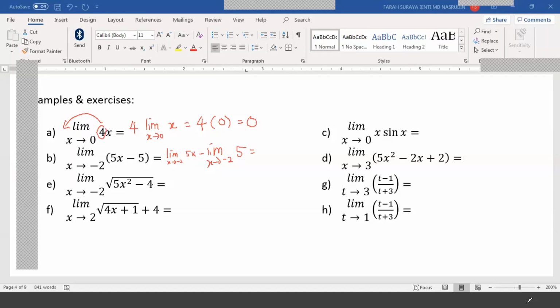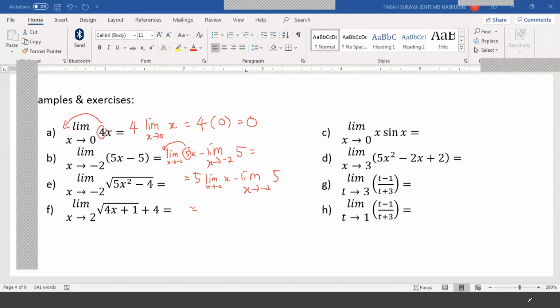Saya sambung bawah lah. Okay, 5 ni boleh bawa ke depan. Jadi 5 limit x approach negative 2 x minus limit. Okay, jadi macam tu.